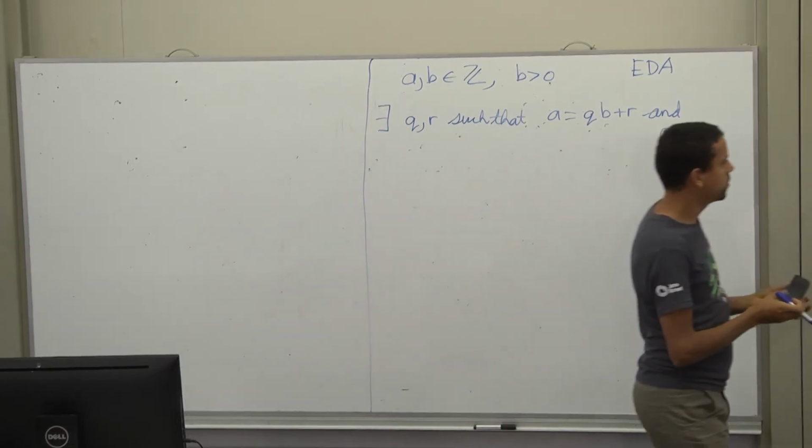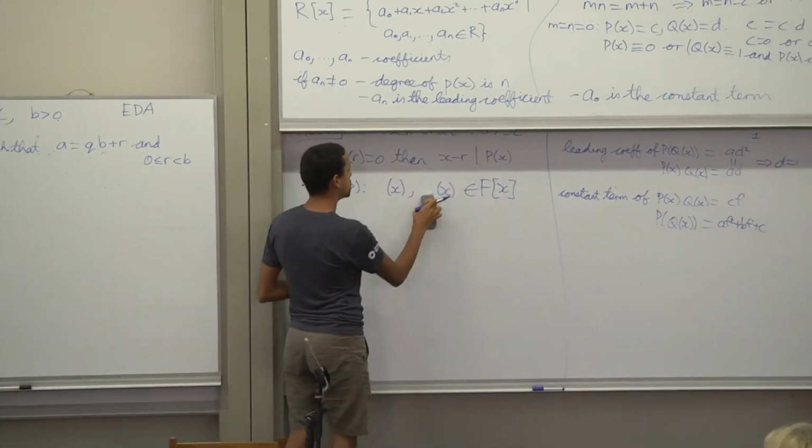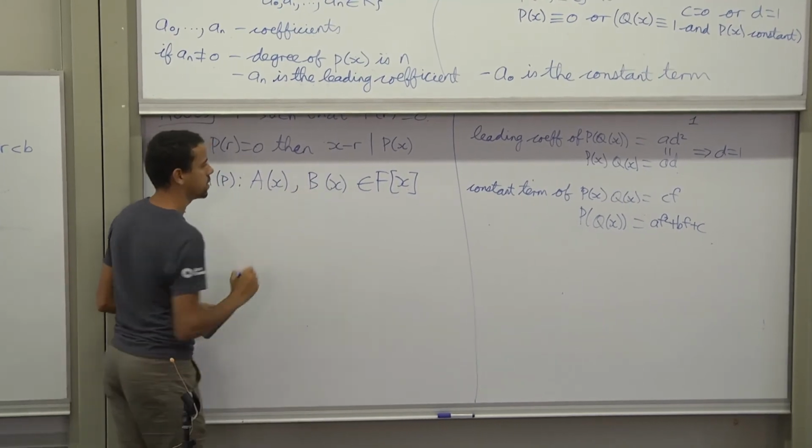Corresponding statement for polynomials, let's rather call this, for analogy, a of x and b of x.